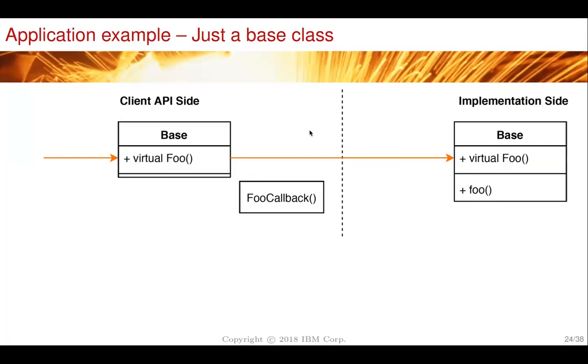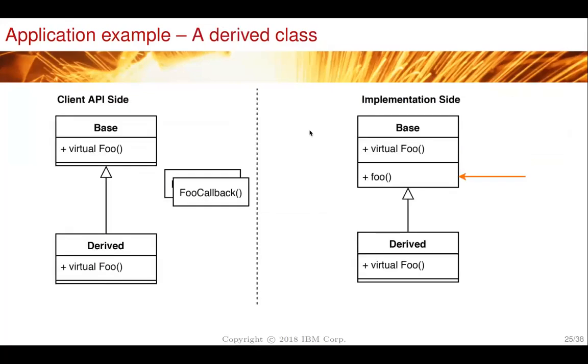So let's look at a more complicated example now where we have a base class and a derived class. So again, we have our base class on both the API client and implementation side. And we also have a derived class on the client API and implementation side, both of which override the virtual function foo.